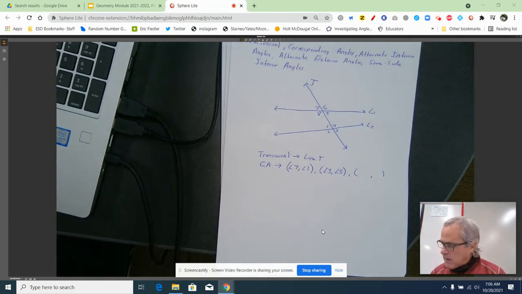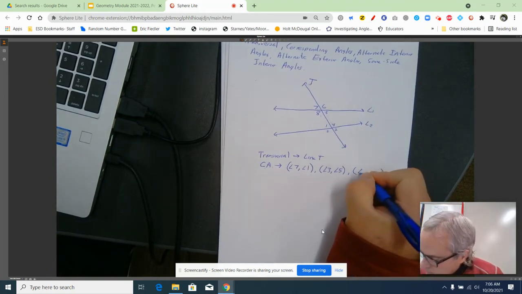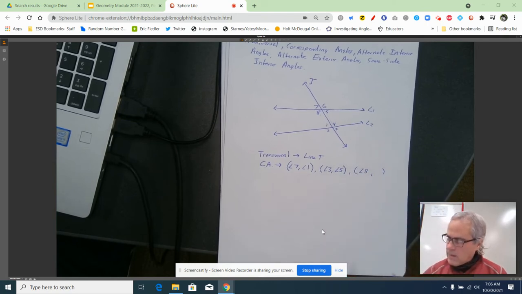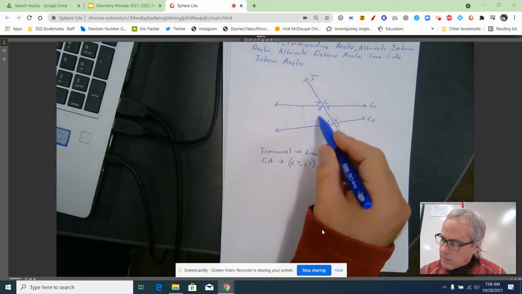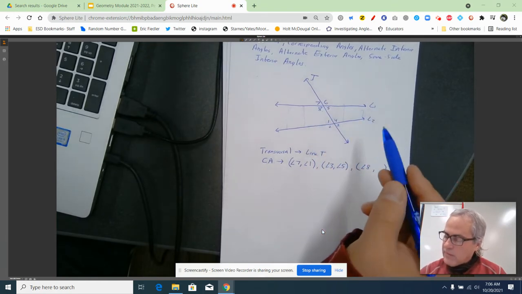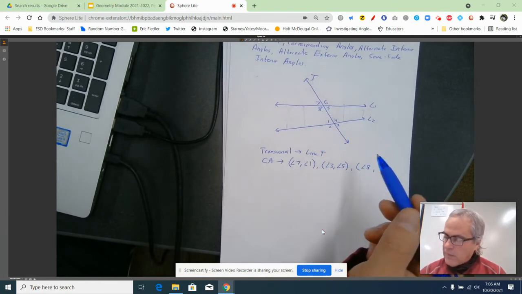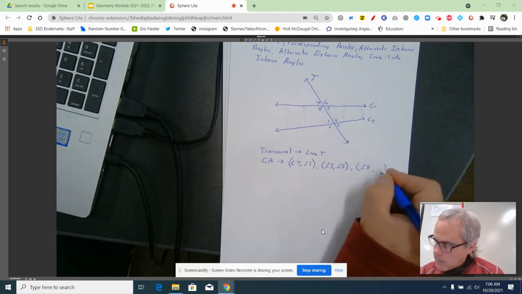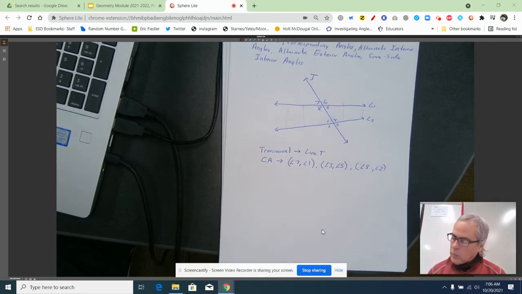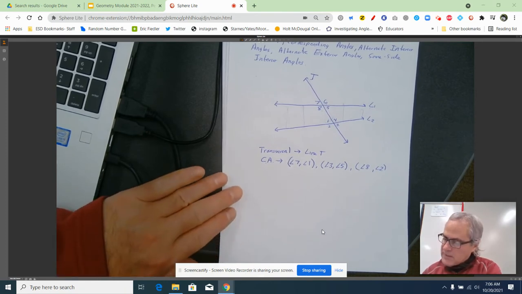How about angle 8? Angle 8, notice, is in the interior of these two lines. I need an angle that's in the exterior on the same side of the transversal and not adjacent. So that would have to be angle 2. There's one more up there. If you want to ask me about it in class, I'd be happy to answer.